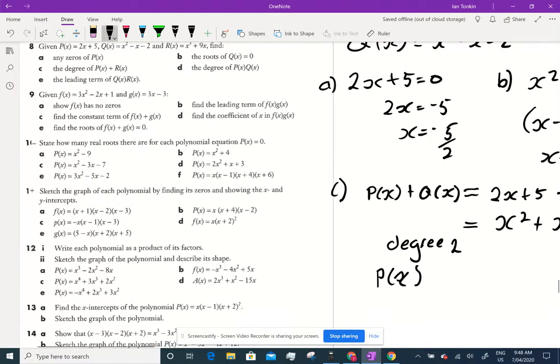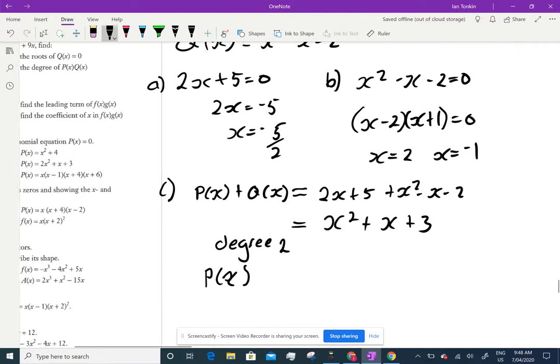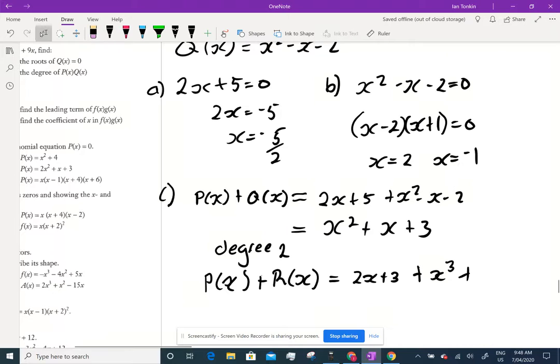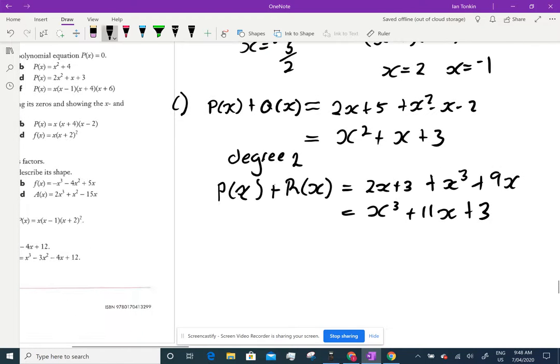Let's make sure I get the question right. P of x plus r of x. It won't change it, it'll still have a degree of 3. So 2x plus 5 plus x cubed plus 9x gives me x cubed plus 11x plus 5. So the degree doesn't change, the degree is 3.